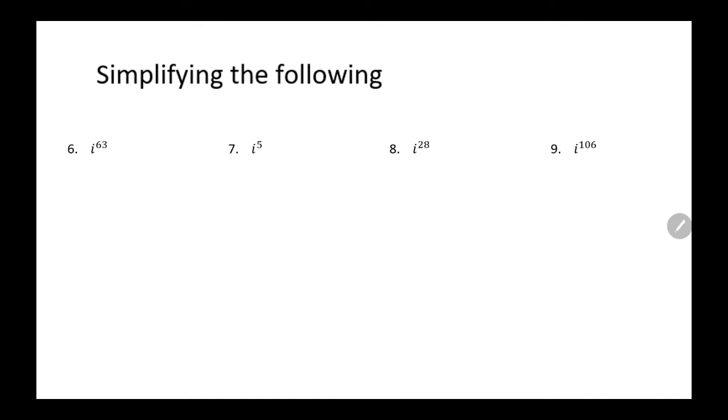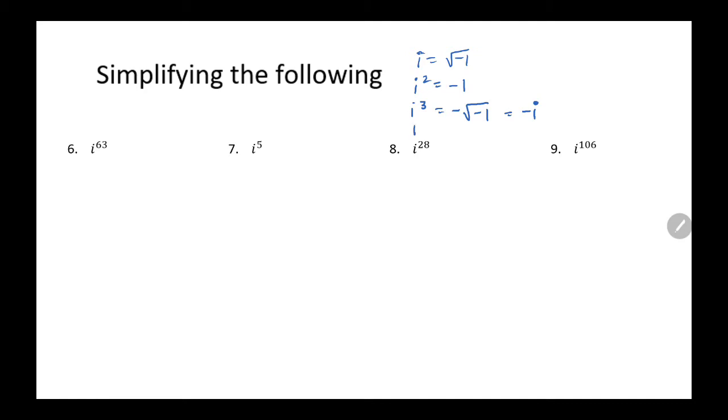All right. So for this problem, we have to remember a few things. We've got to remember that i is equal to the square root of -1. That i squared is equal to -1. That i cubed is equal to i times i squared, which is -1 times the square root of -1, which is just -i.